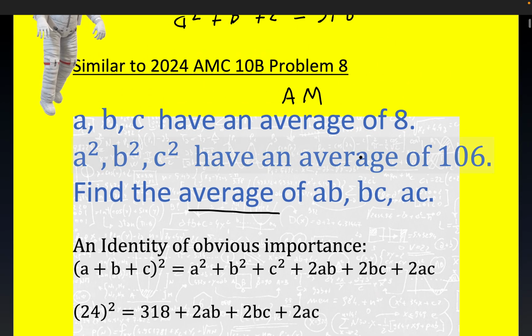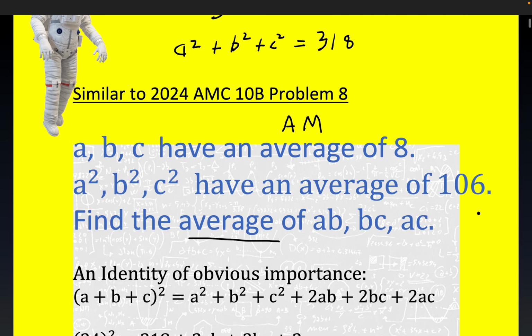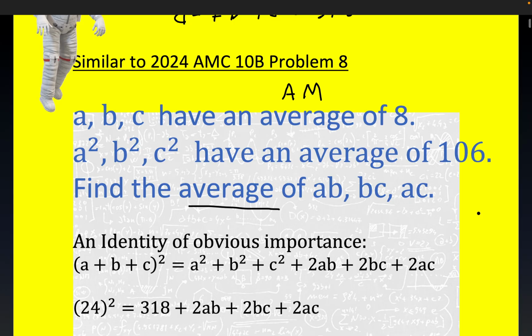The fact that all of these squares have an average of 106 is going to bound them in some way. And you could probably do a case-by-case thing and get the answer. But there's no direct way other than using some form of bounding that I know of, because just the basic theory of equations, we have 2 equations and 3 unknowns. But anyway, the average is 43.